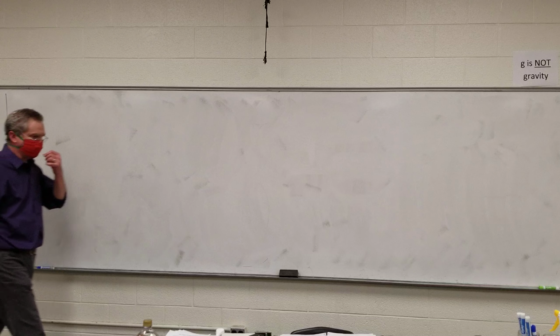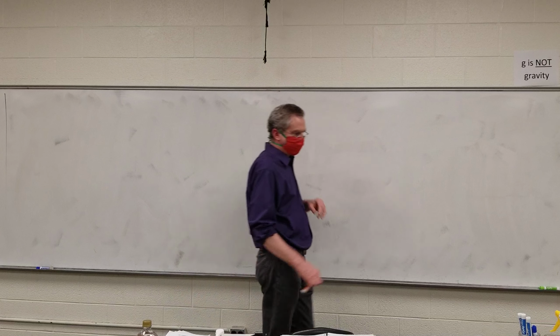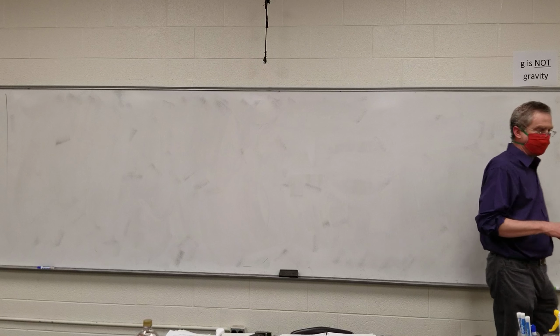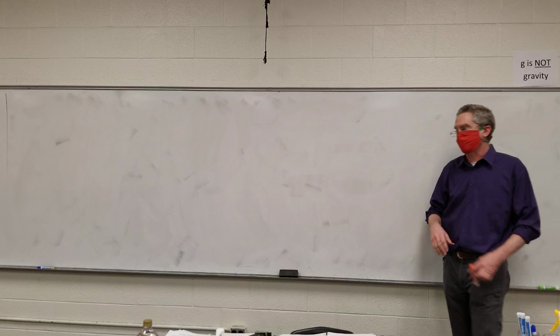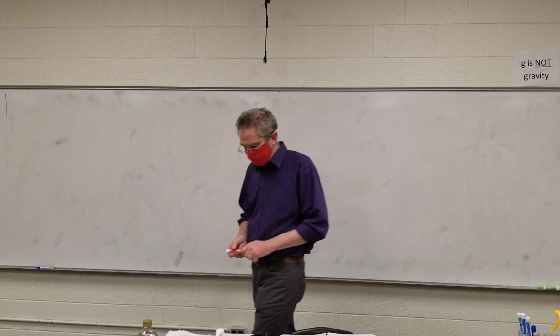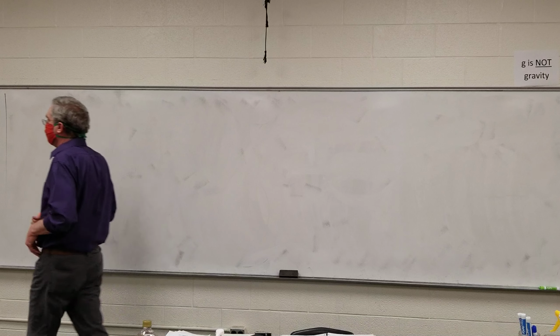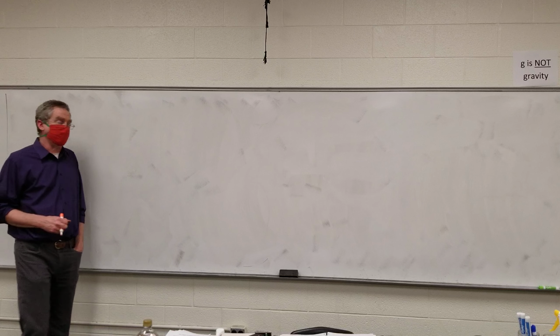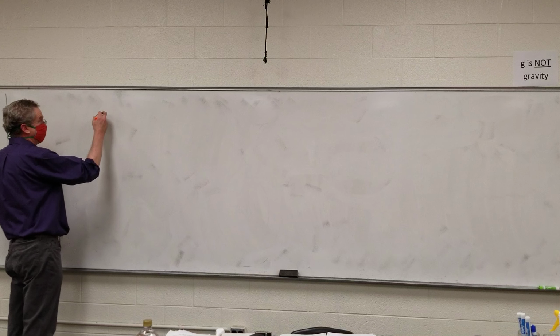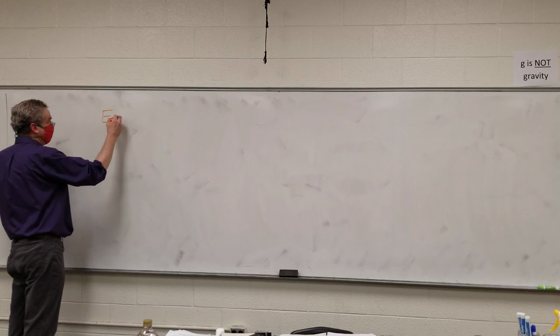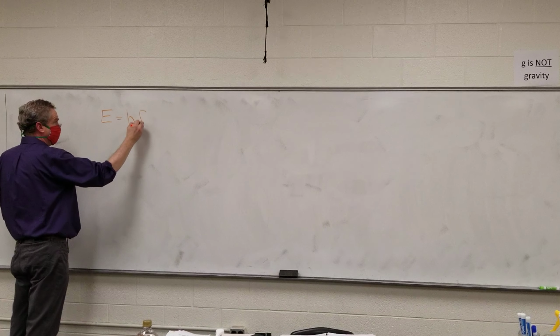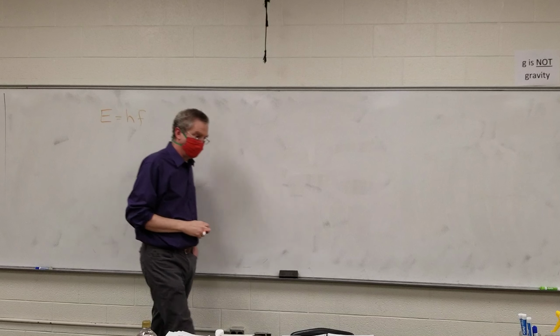I didn't state this explicitly before, but when we talked about the photoelectric effect, we talked about there being a threshold frequency for it being able to eject the electrons. Ultimately, it's because the energy of light is related to the frequency. And the energy of light is h times the frequency.